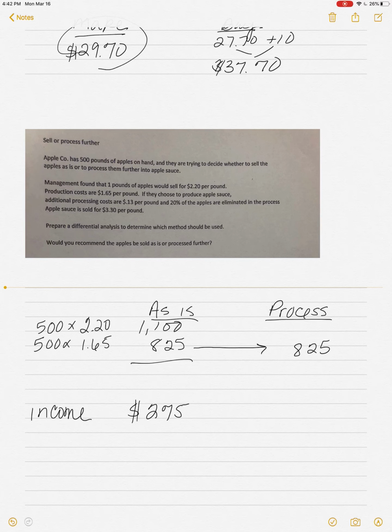So I only get to use 80% of those apples to make applesauce. I have 500 pounds to start with. I'm going to only be able to use 80% of that. So I'm really looking at being able to sell 400 pounds. So my revenue is 400 times $3.30, which is $1,320.